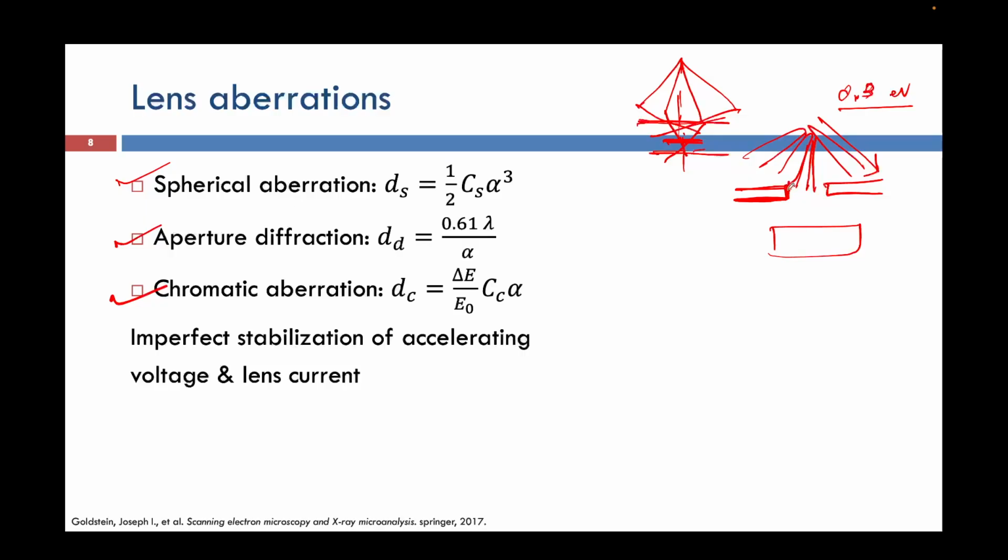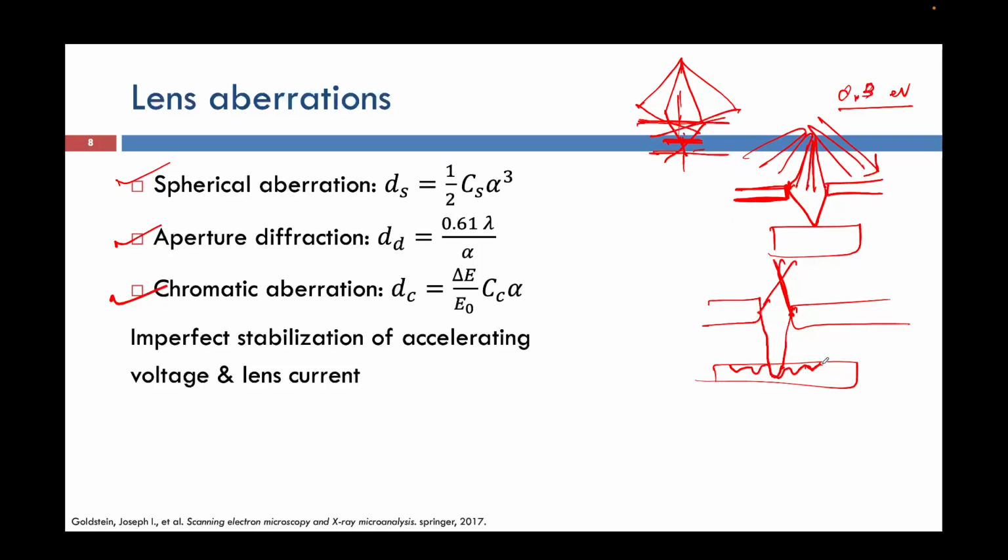It will not simply fall straight down. Let's say electrons are coming like this, this is my sample, and here, due to diffraction, they will start forming some kind of fringes. So this is what aperture diffraction means.